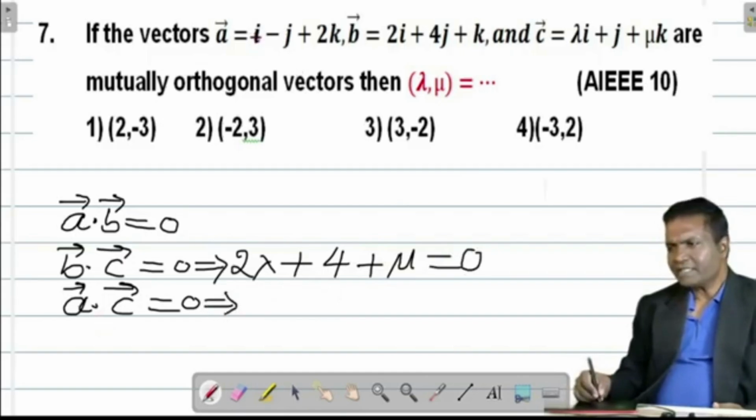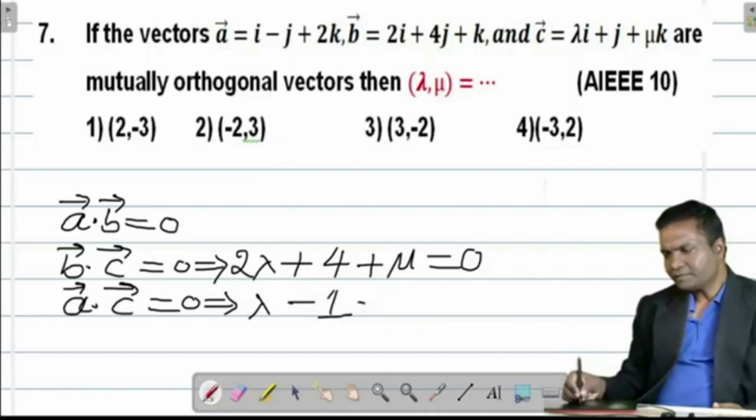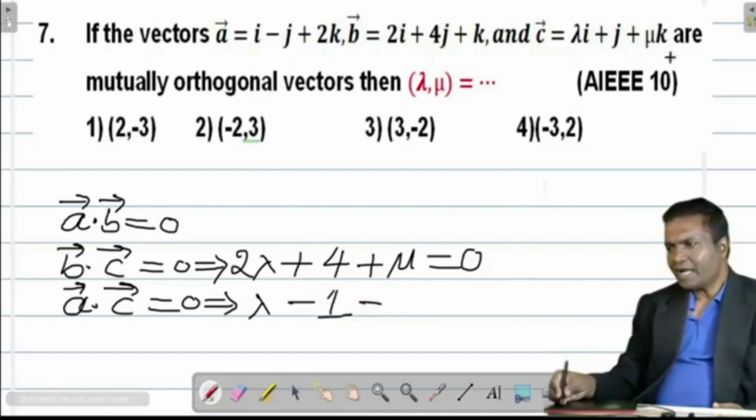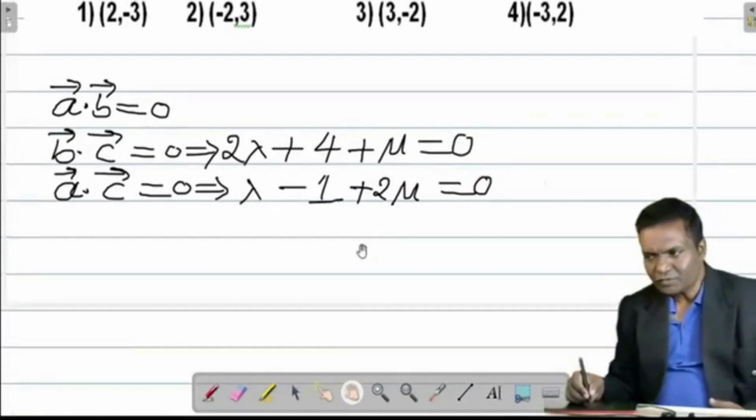Similarly, A dot C: lambda into 1 is lambda, plus minus j into this j. Coefficients are 1 and minus 1, so I can write it as minus 1. 2k into mu k, that is 2 mu, equals 0.